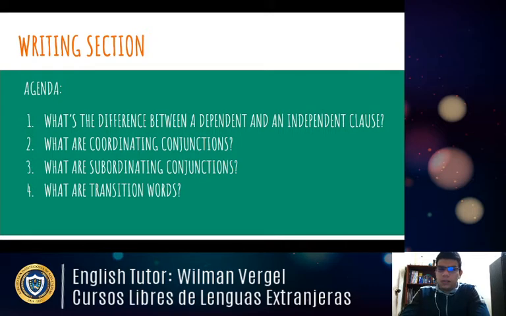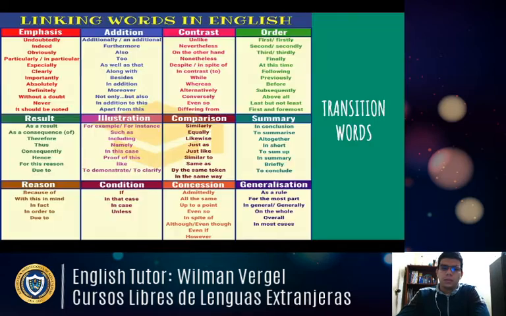Then we're going to see what coordinating conjunctions are and what subordinating conjunctions are. But before this, we need to clarify the difference between a dependent and independent clause, because I consider it really important. It is necessary in order to understand the other topics.